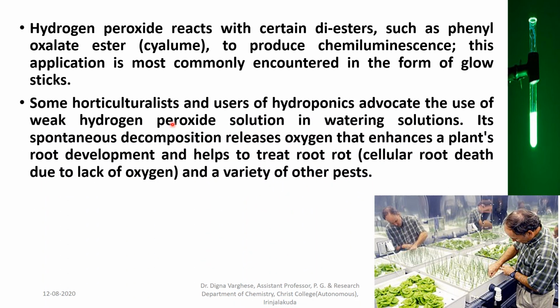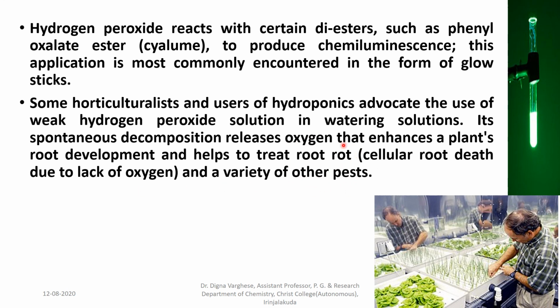Some horticulturists and users of hydroponics advocate the use of weak hydrogen peroxide solution in watering solutions. Its spontaneous decomposition releases oxygen that enhances the plant's root development and helps to treat root rot, that is cellular root death due to lack of oxygen.